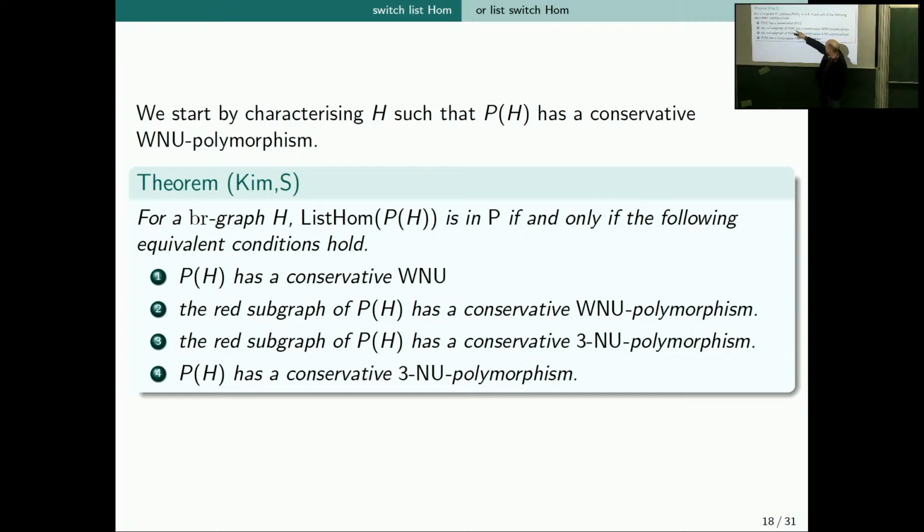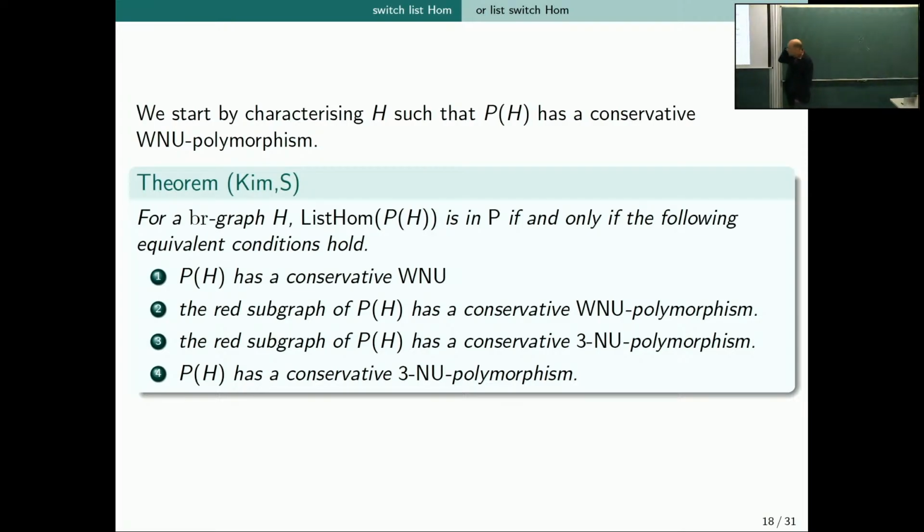So certainly the red subgraph has a conservative WNU. And from Feder-Huang, we know that if the red subgraph, it's just a graph, has a WNU, then it has a 3NU polymorphism. So what we had to do is show that that 3NU polymorphism on the red subgraph of the switch graph actually preserves the blue edges as well.